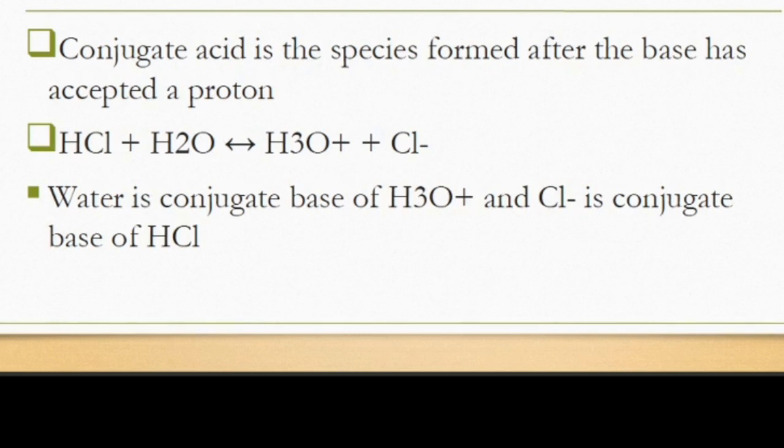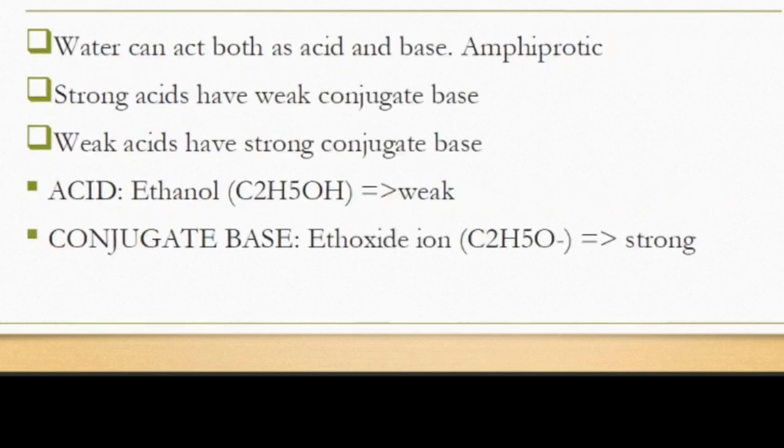So, resulting water is a conjugate base of hydronium ion and chloride is the conjugate base of hydrochloric acid. Water can act both as acid as well as base. That is, it is amphoteric in nature, having both properties of acids and bases.